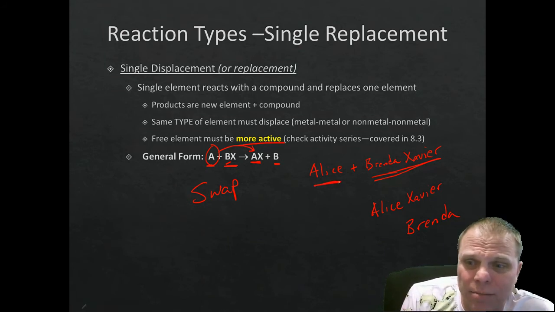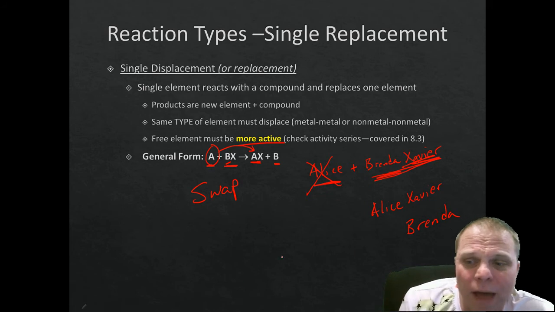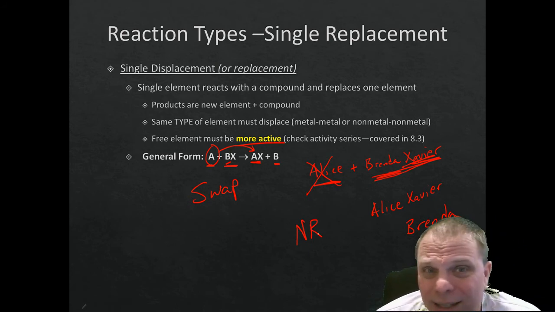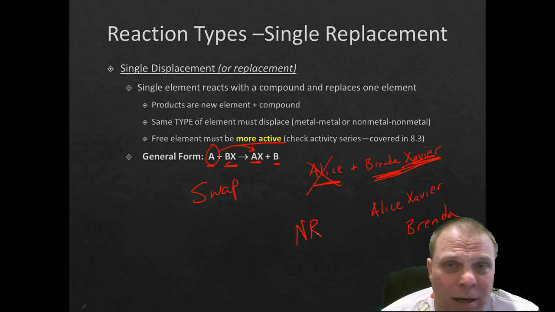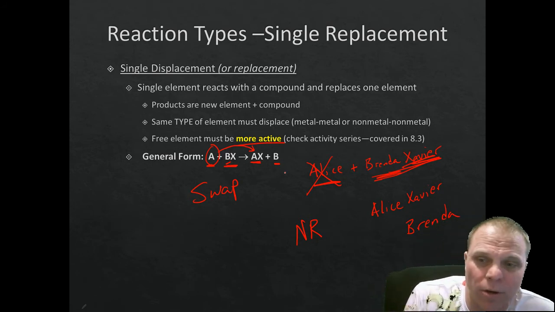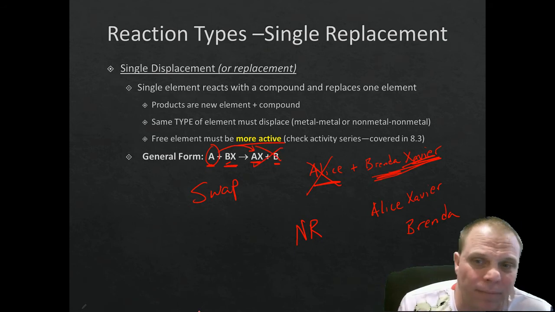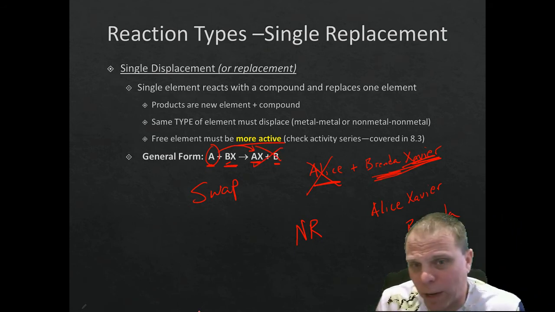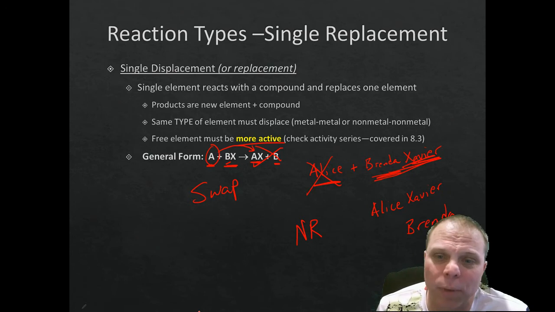And so if Alice comes in and Brenda's more attractive, Xavier is going to be like, no, I'm not going to be dancing with Alice. I'm going to stick with Brenda. And if that happens, and there's no reaction, we just write NR. Okay, it's no reaction. This doesn't take place. Brenda's more active than Alice, or B is more active than A, and therefore this reaction will not take place. It will not go to completion. That's the kind of thing that we would write if we saw that.